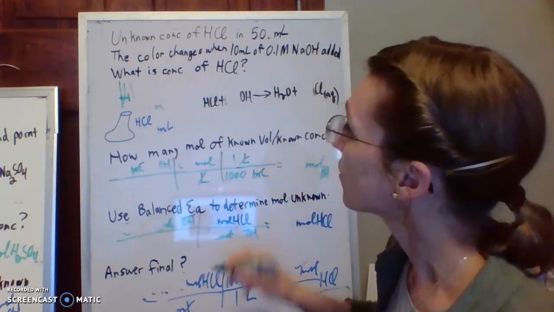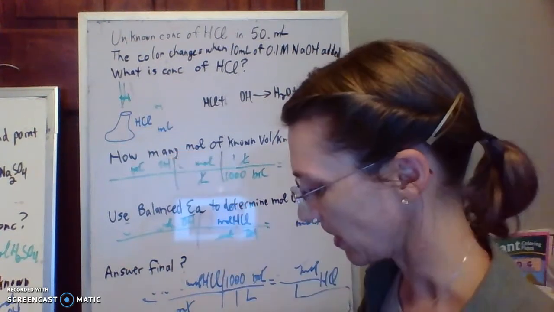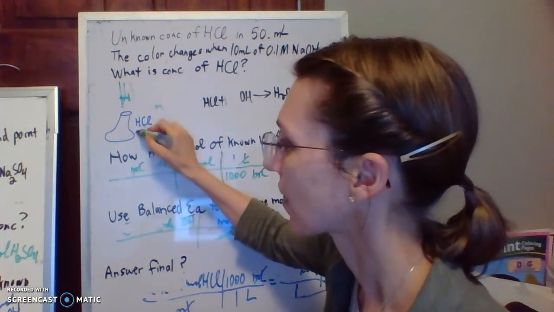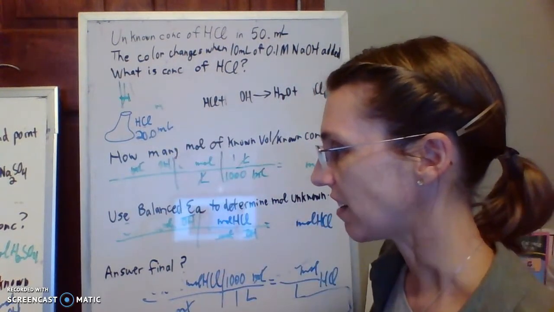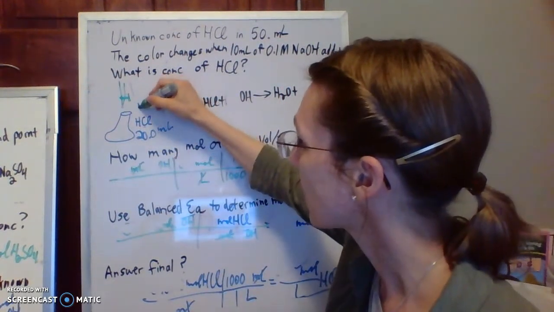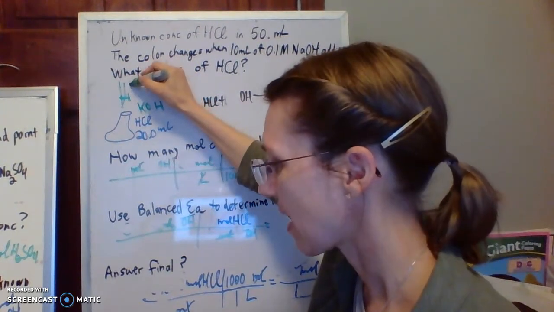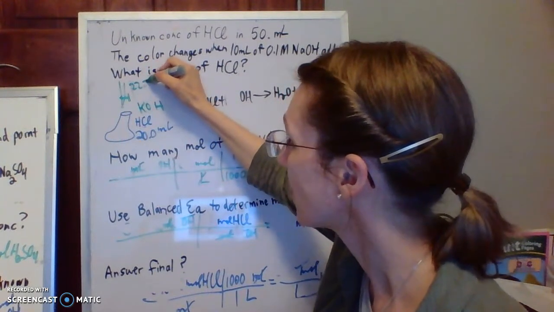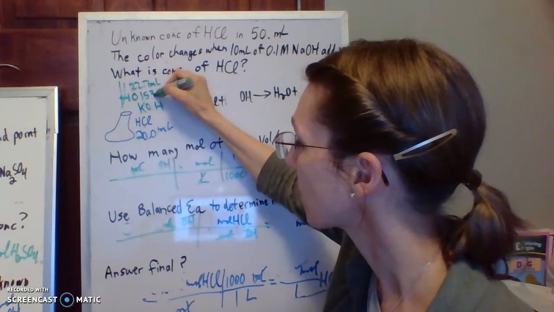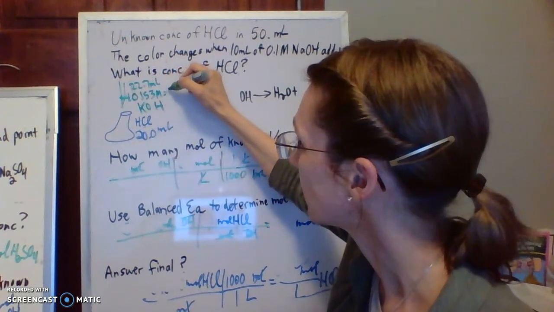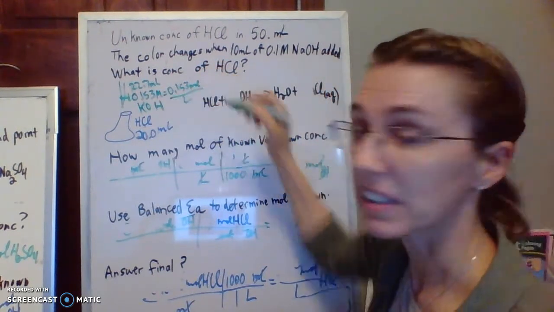All right, so this time we're doing a problem where we've got 20 milliliters of our HCl. This time we're titrating it with KOH, and we're going to have 22.7 milliliters, and the concentration is 0.153 molar, which is 0.153 moles per liter.